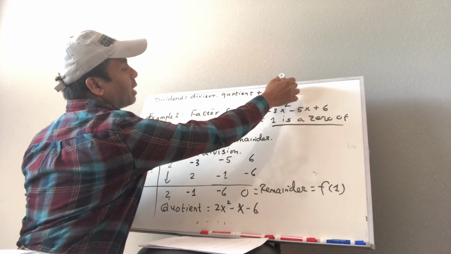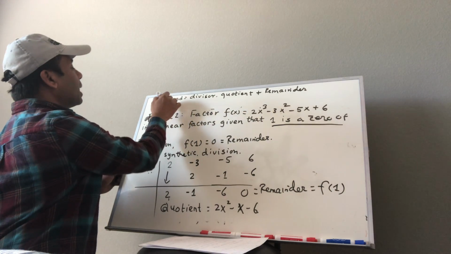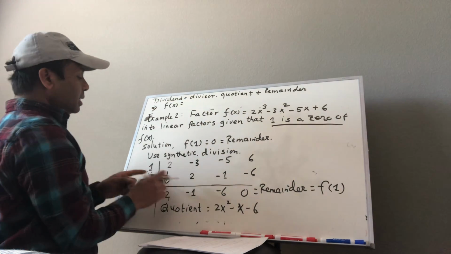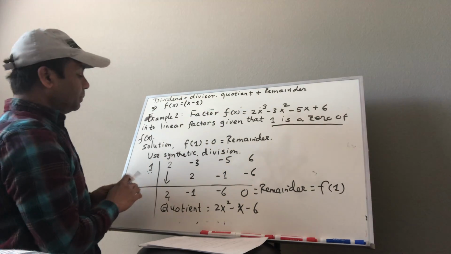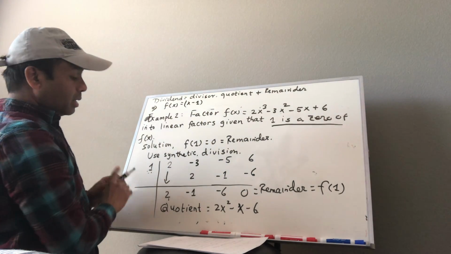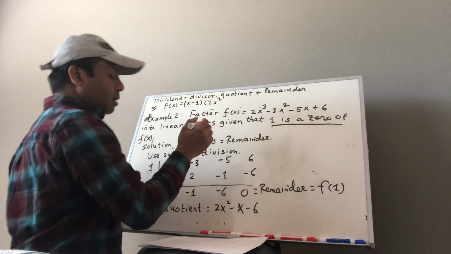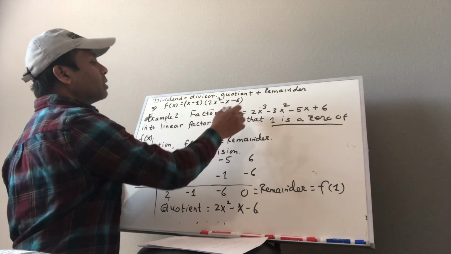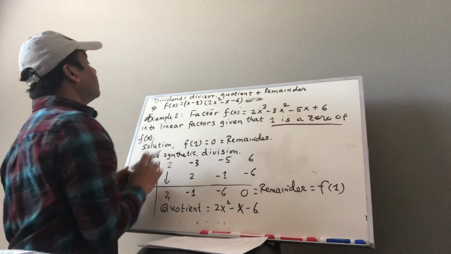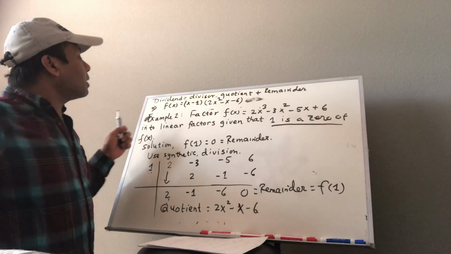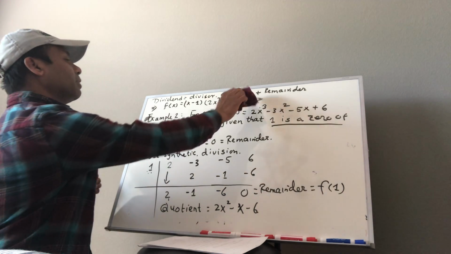Or you can write your dividend is f of x, your divisor is x minus 1, because 1 is a zero. And your quotient is 2x squared minus x minus 6, plus your remainder is 0. You don't have to write that. So now you have f of x equals x minus 1 times 2x squared minus x minus 6.